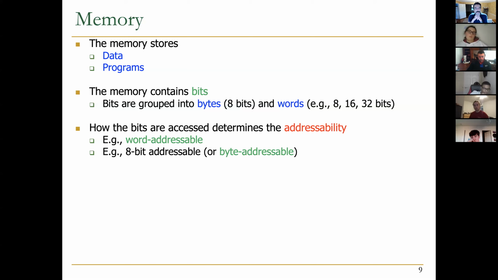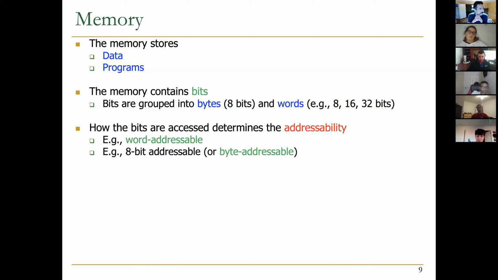Your memory could also be byte addressable, in which you address memory based on 8 bits, a constant.